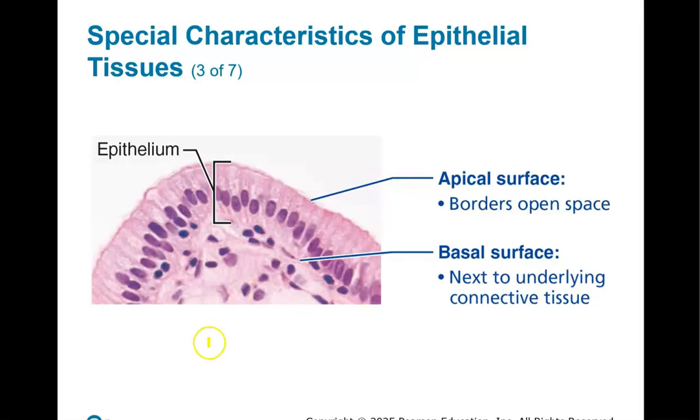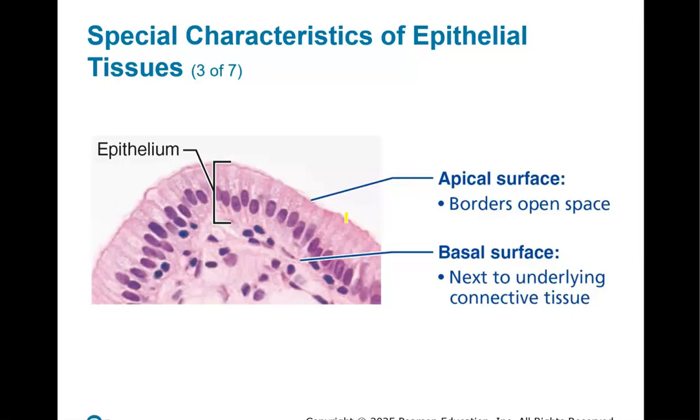And you can see here, these cells are called simple columnar epithelial cells or simple columnar epithelial tissue. You can see that they're tall, column-like cells. And on their apical surface, they have these folds called microvilli, which increase the surface area because these cells are found lining the stomach and the small intestine.